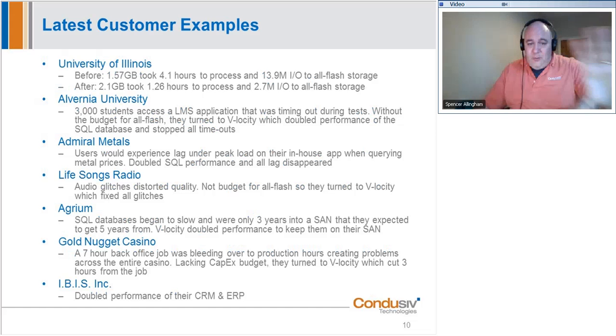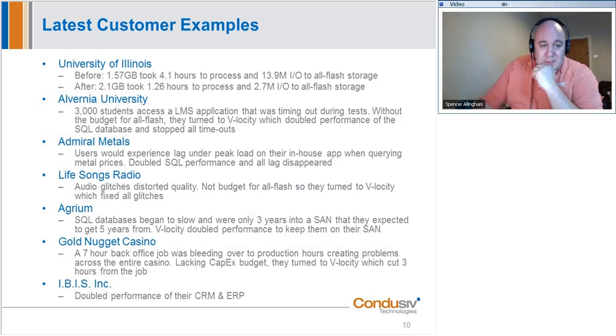More customer examples. Again, I won't give you death by PowerPoint by reading every single one of these out, but this is an interesting one. Alvar University. They had 3,000 students accessing a learning management system application, and it was timing out because of the poor storage performance.